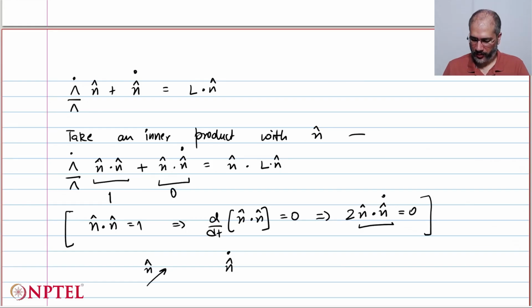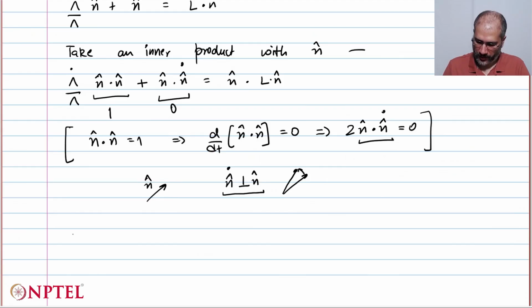So if it rotates, then we know that for rotation, the change in the vector is always perpendicular to the vector. So what that means is that n hat dot is perpendicular to n hat always. It cannot have any component in n hat direction, otherwise n hat will increase or decrease in size, which is not possible. So if they are perpendicular to each other, then the dot product between them has to be a 0.